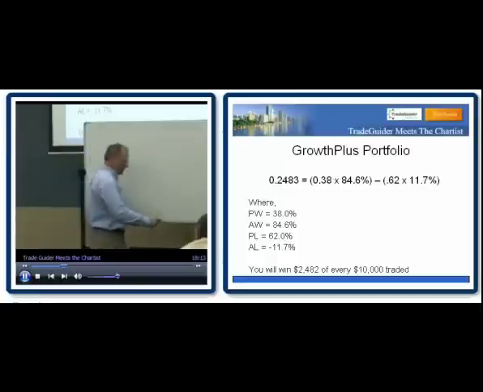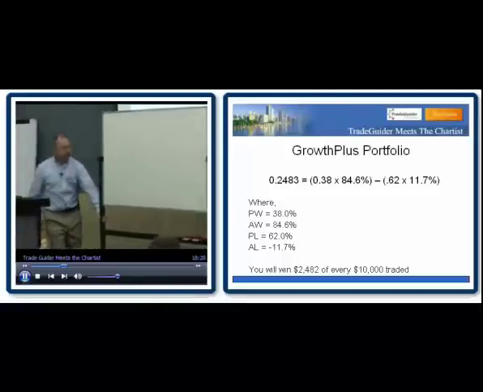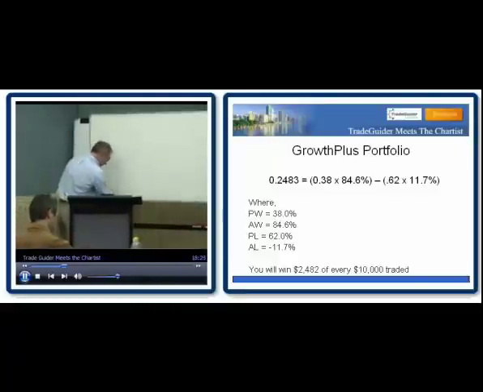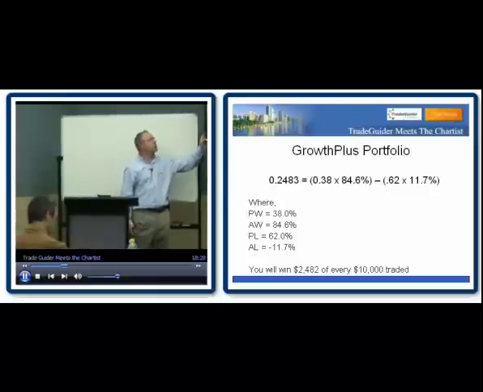And the hard truth is, to be successful in trading, it's not about how often you win or how often you lose. That's the stuff we learn at school. Successful trading is how much you win when you win and how much you lose when you lose.